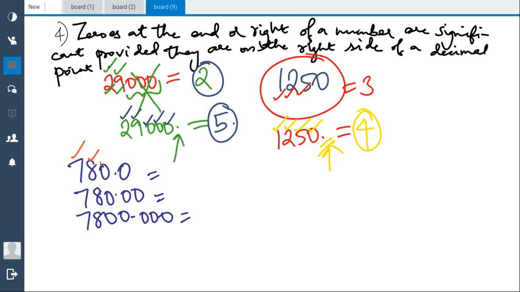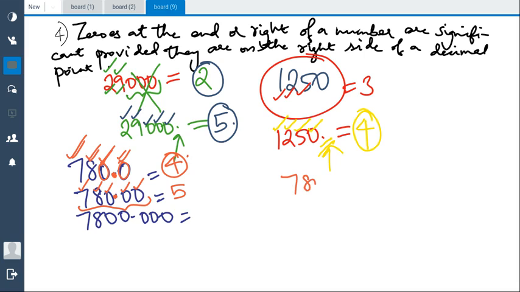One, two, three, four. Why did I count this? And why did I count this? Because there is a decimal point. So 1, 2, 3, 4. Okay, next, this one: 1, 2, 3, 4, 5. Why did I write 5? Because there's a decimal point, so I need to count all the digits.